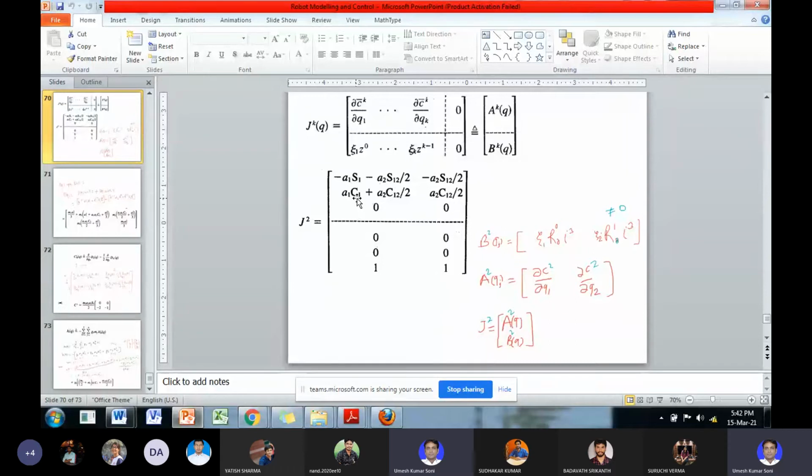What is the value of A212? A1 C1 plus A2 C12 by 2. Is it clear? Any student clear about this?